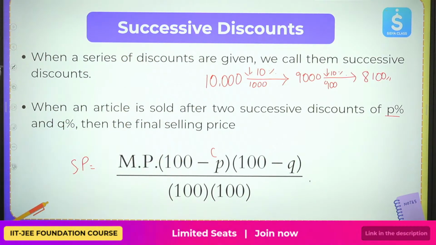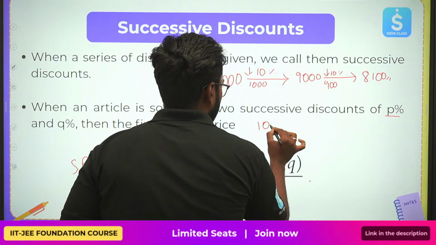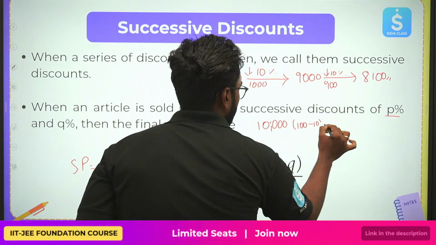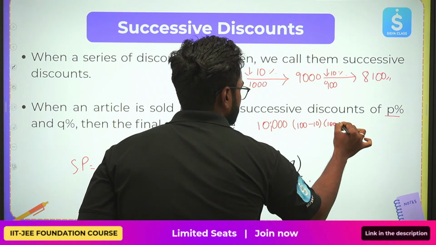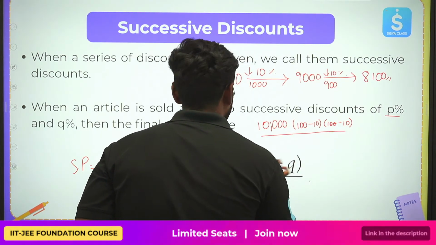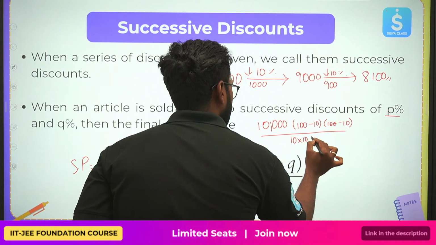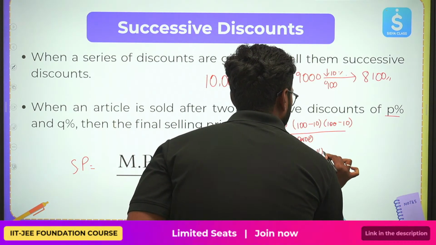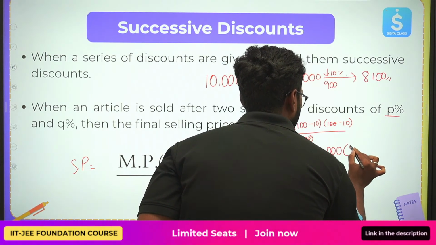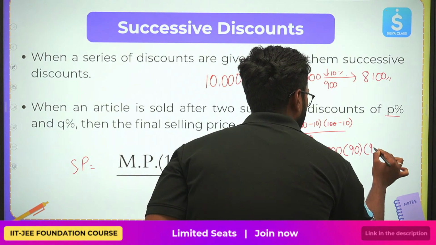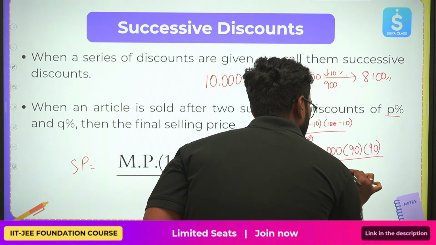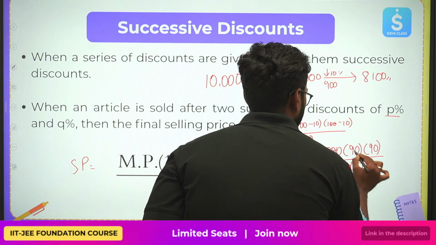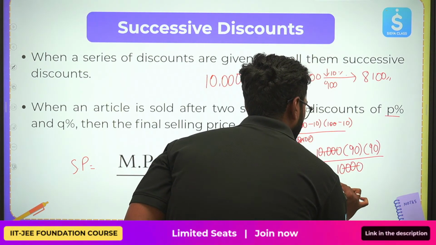If you want, we can try that example also. If I put in 10,000 into 100 minus 10 into 100 minus 10 upon 100 into 100, this would be 8,100.